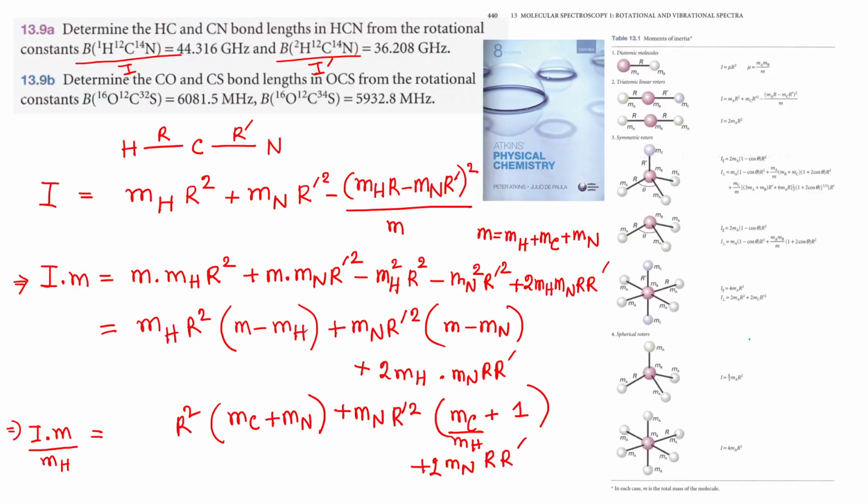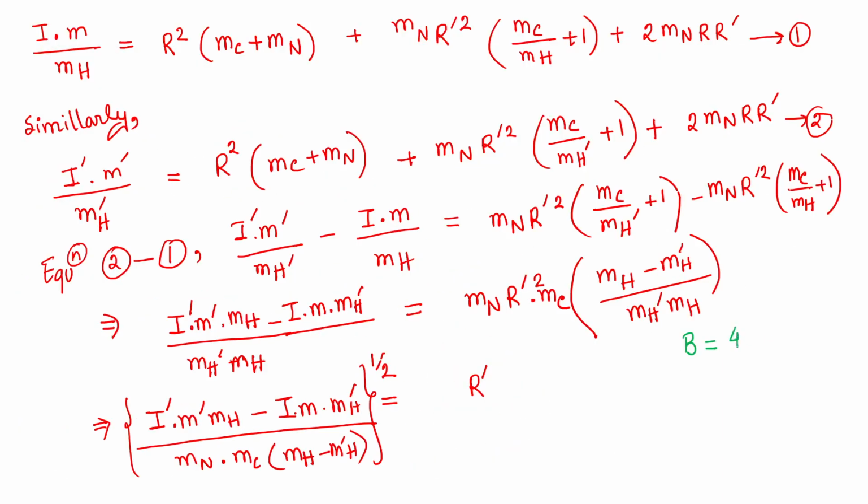B is 44.316 in terms of gigahertz, so into 10 to the power 9 second inverse. Actually the frequency is given, not the wave number. So if I have to get the wave number, then I have to divide it by C, that is 3 into 10 to the power 10 centimeter second inverse.